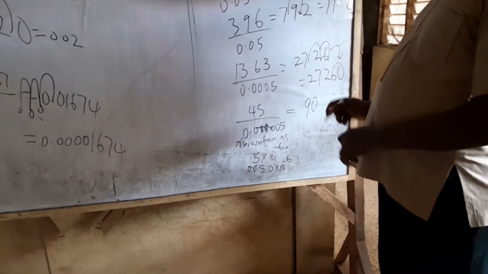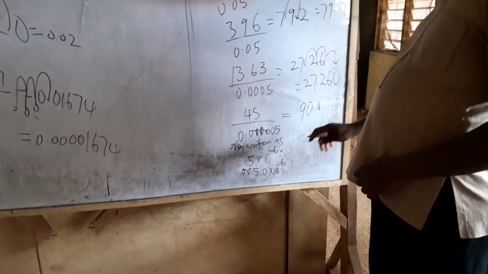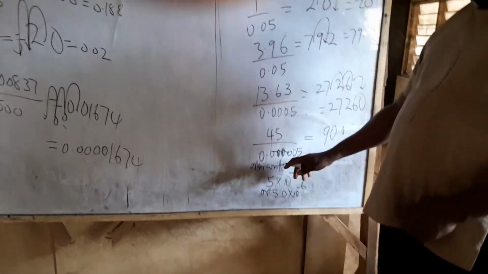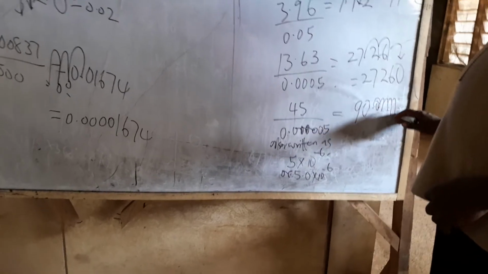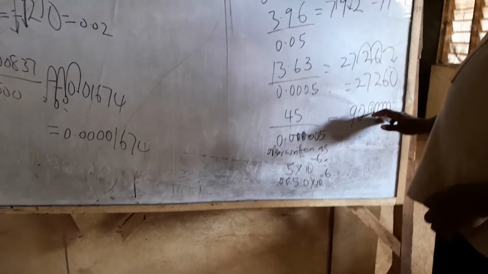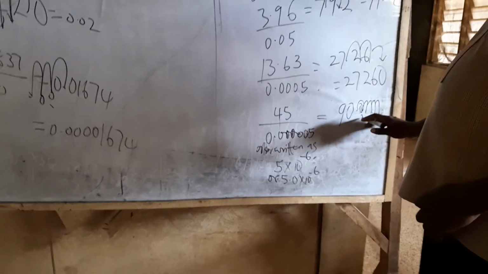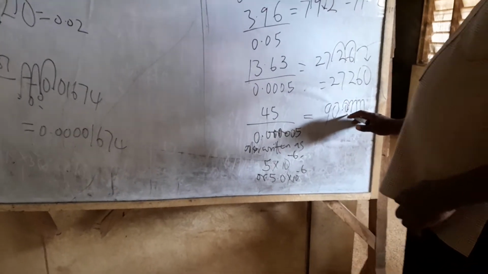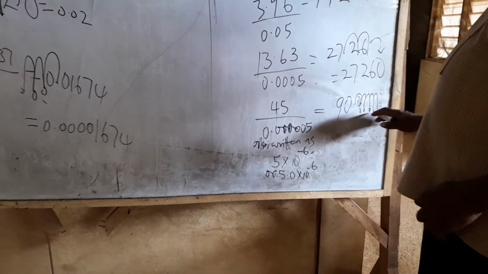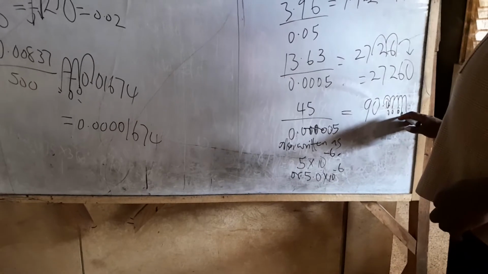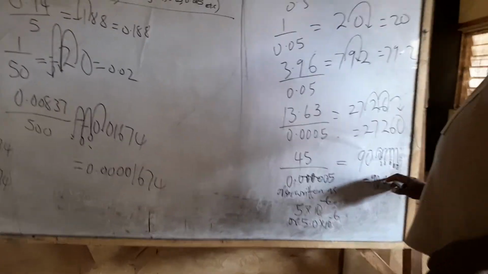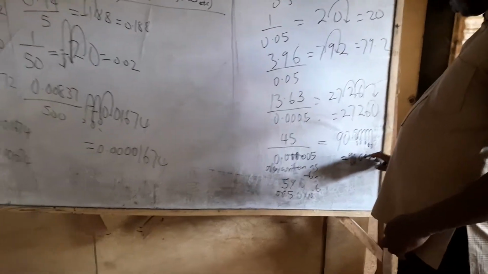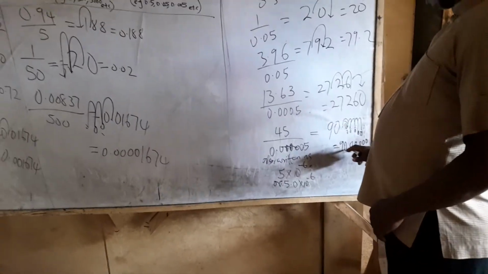Then shift the decimal places the number of times we have zeros inside this number: 1, 2, 3, 4, 5. So that's now 9 million.